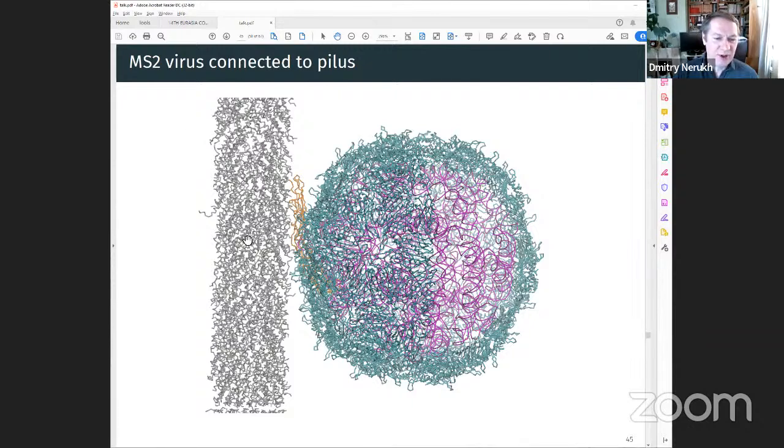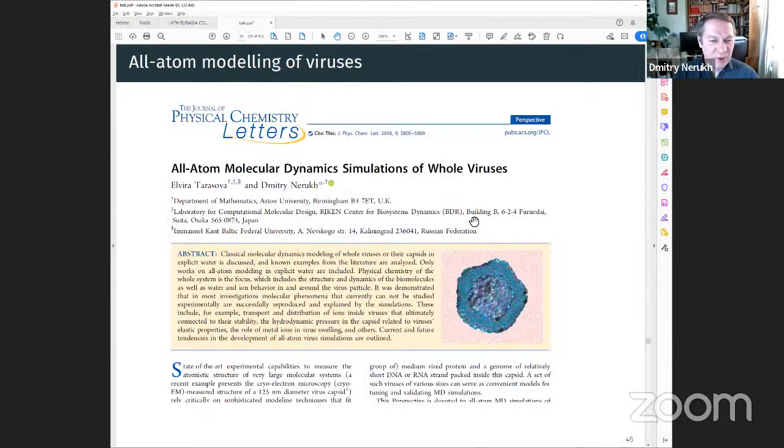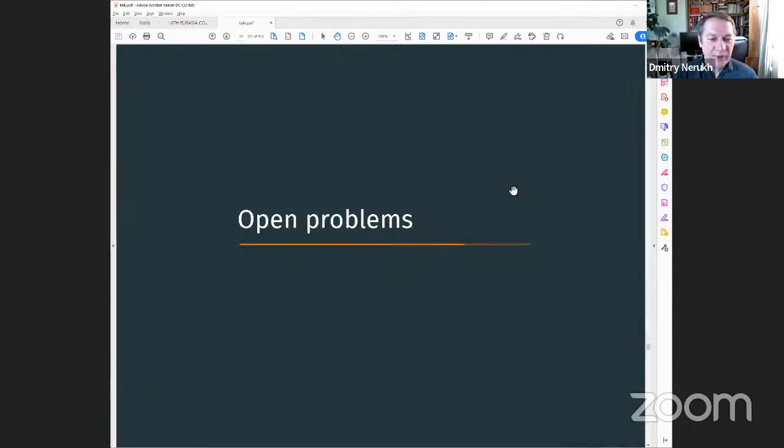That's the bacterial pilus, and we investigated how it moves. The bacterial pilus retracts inside the bacteria, and it rips the viral RNA, the genome, off the capsid and transfers it inside the bacteria. So we now know how this happens, and we have these atomistic details of the whole process. If you're interested, we recently published a perspective on all-atom molecular dynamics simulations of whole viruses. You're very welcome to have a look.